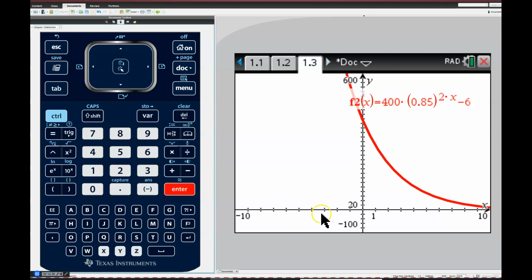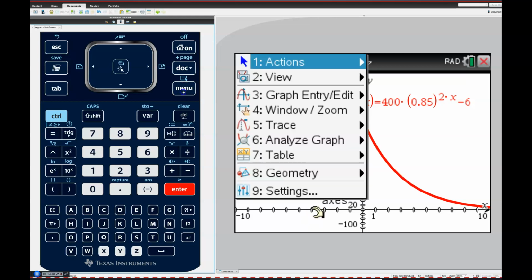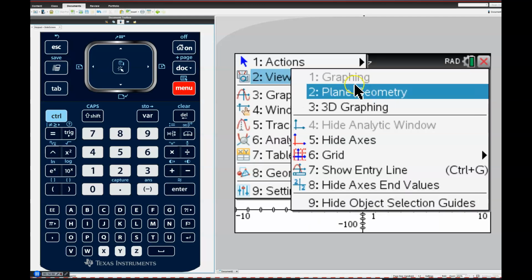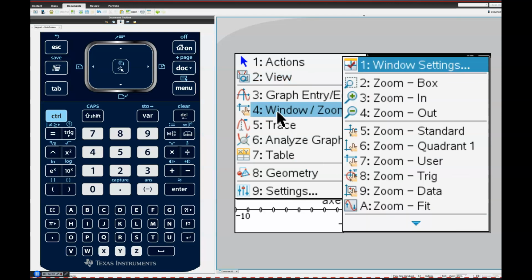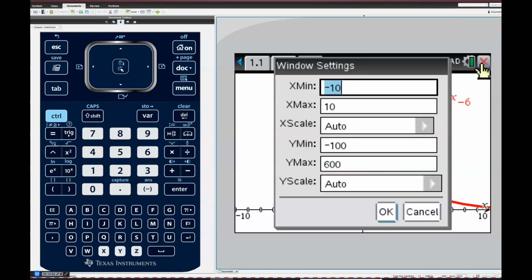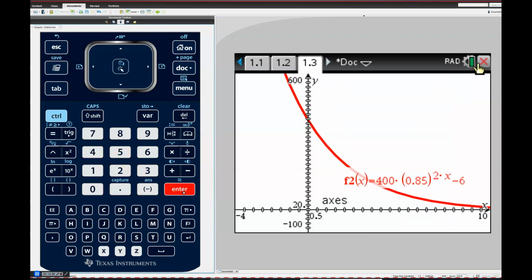In fact, I really don't need to see the graph prior to, I could minimize the x min to -4. Let's try that, just so it's easier for me to see. But you don't really need to do that. That's up to you. So I'm just going to make mine -4 and enter. And now I get a nice graph.